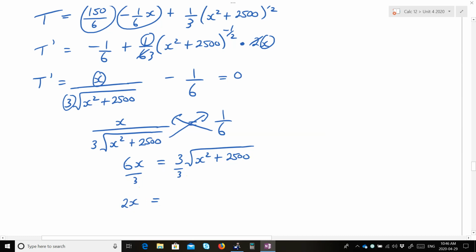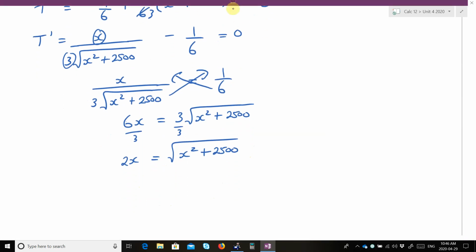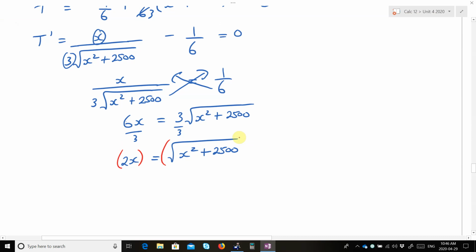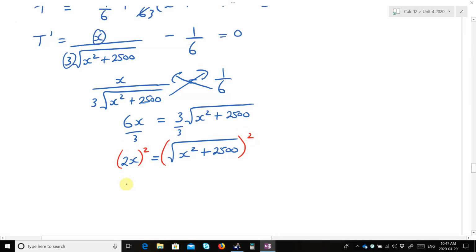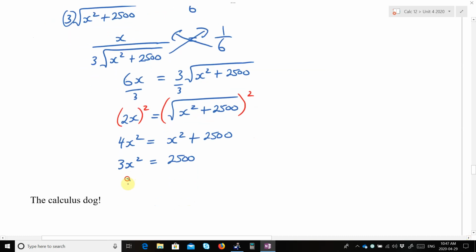And we get 2x equals the square root of x squared plus 2500. And now we'll square both sides. So 4x squared is equal to x squared plus 2500, so 3x squared is equal to 2500. And so x squared equals 2500 over 3.